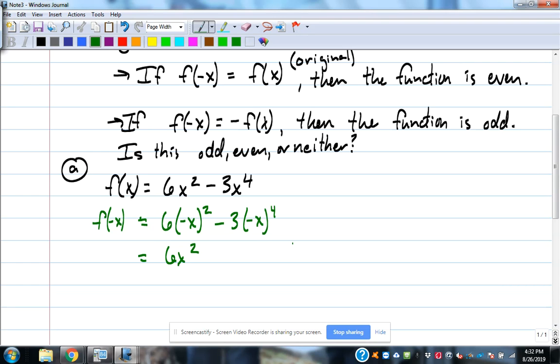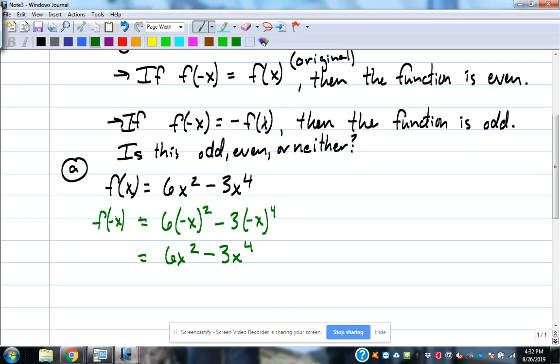If I take negative x to the fourth power, that's negative x times another negative x times another negative x times a fourth negative x. So these two together would be x squared, and these two together would be x squared, and x squared times x squared gives me x to the fourth, and that's exactly the same thing as I started with. So this ends up being the exact same as I started with.